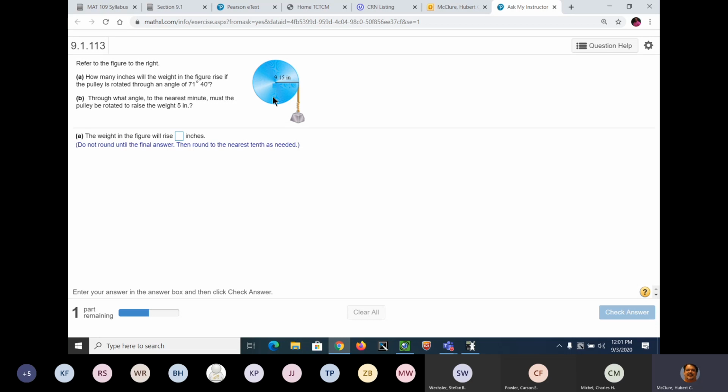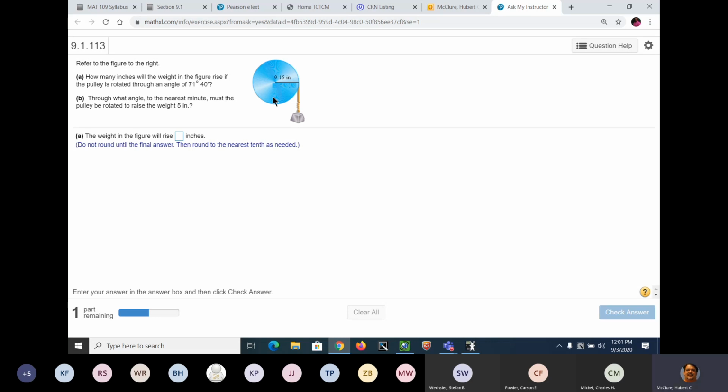9.15 inches. We got something pulling a weight, pulling down on it. It says, how many inches will the weight in the figure rise if the pulley is rotated at 71 degrees, 40 minutes?